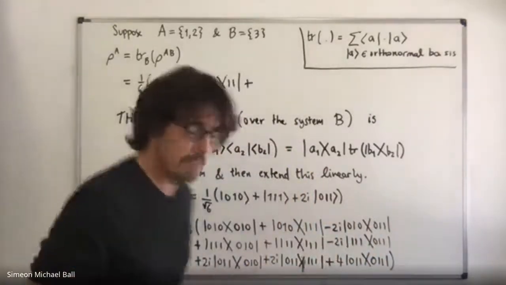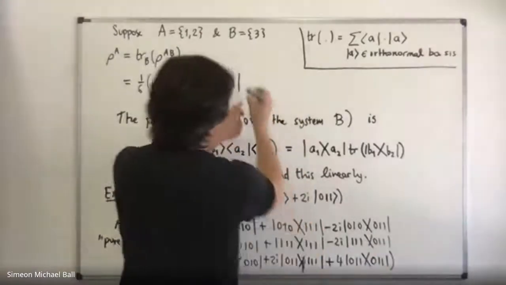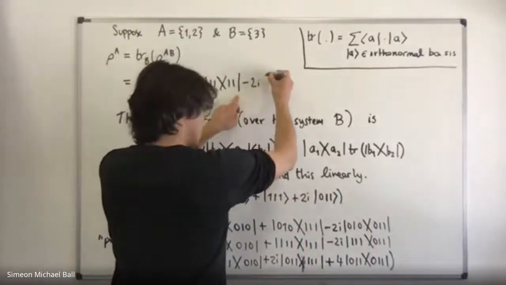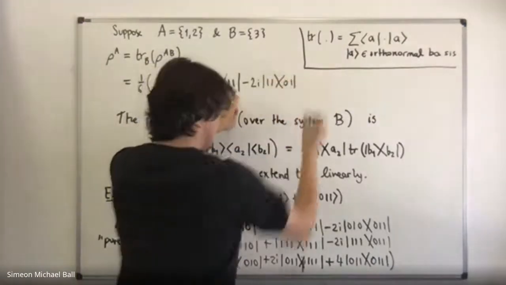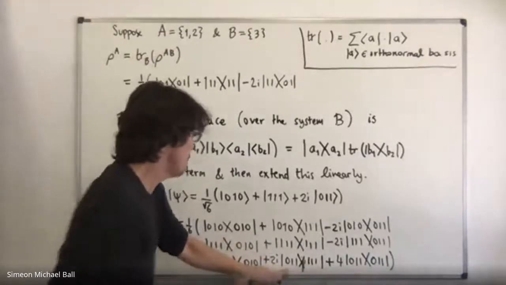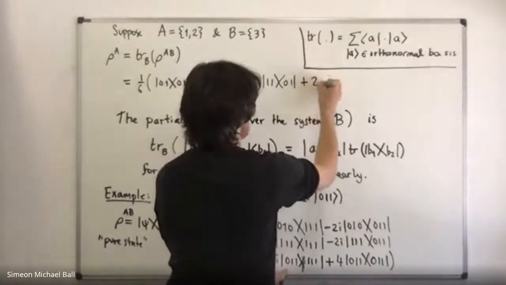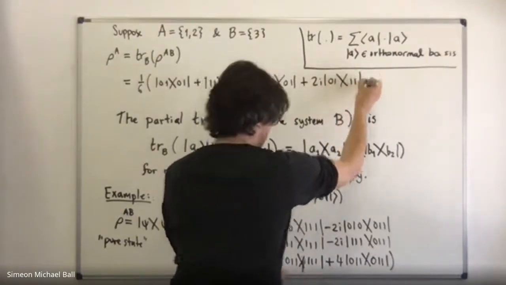So that's actually going to be a minus next. So that's going to be a minus 2i 1, 1, 0, 1. Here we have 1 and 0, so that's going to go. And then we've got a 1, 1. So it's going to be 2i 0, 1, 1, 1.